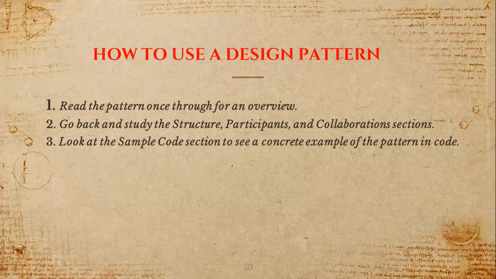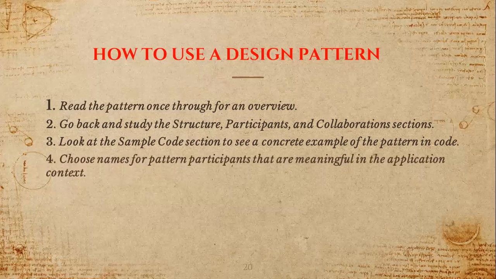And in the fourth step, we choose names for the pattern participants that are meaningful in the application context. The names for the participants in design patterns are usually too abstract to appear directly in an application. Nevertheless, it's useful to incorporate the participant's name into the name that appears in the application.